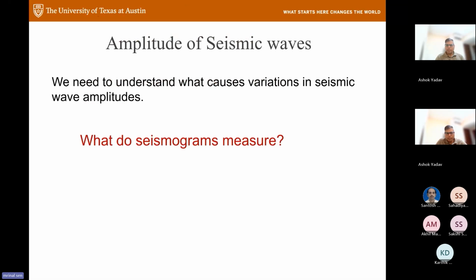The first question that I'm going to ask you is, you go to the field, you collect some seismic data, and you plot the shot gathers. And what are you seeing there? You're seeing some wiggles, right? So what do they represent here? What kind of plot are we getting here?